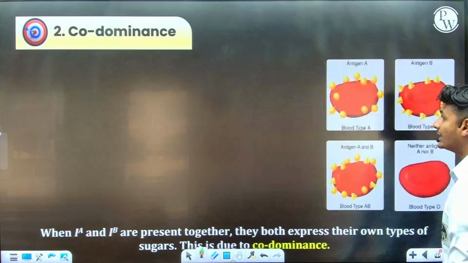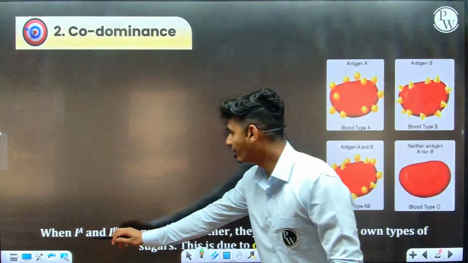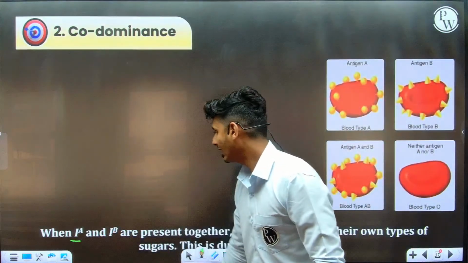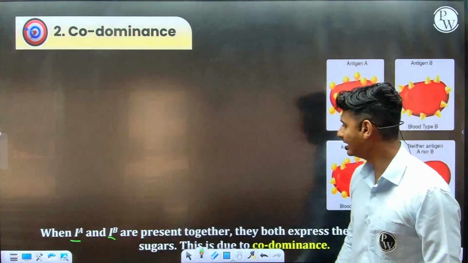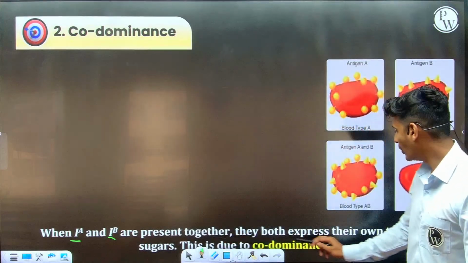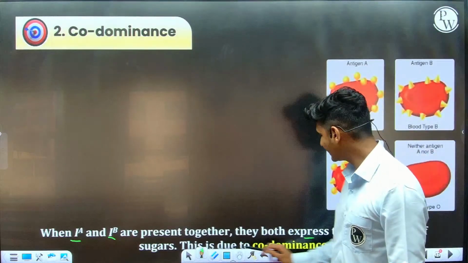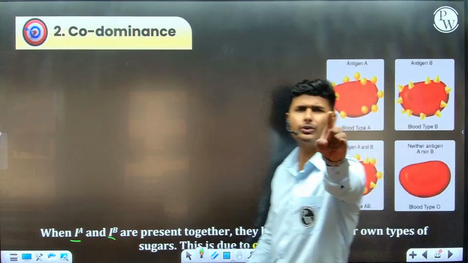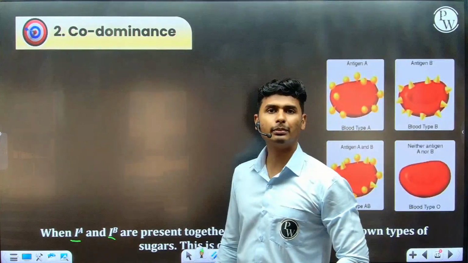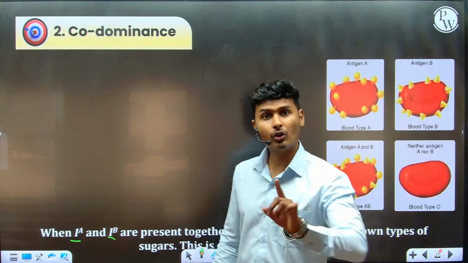Let's go to the next slide. They are saying when IA and IB, both alleles, are present together, they both express their own type of sugar, and this is called codominance. I told you AB blood group is an example of codominance.